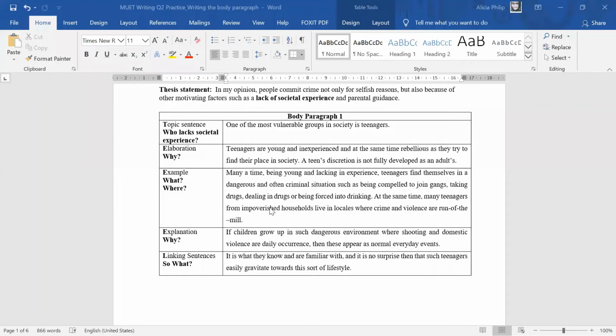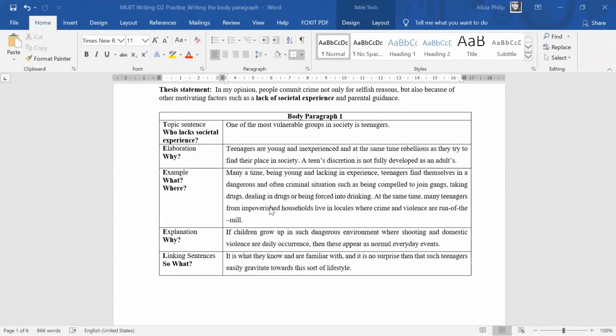Therefore they easily commit crime. What they are saying is that because of lack of societal experience, these teenagers commit crime because they have not been given proper exposure to the right environment. Okay, question. Did someone want to ask a question just now?